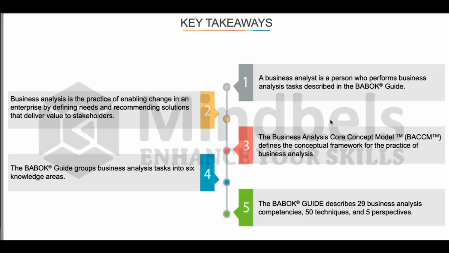The six knowledge areas, a few of which we went through in the previous session, are communication, behavior, analytic skills, interaction skills, and leadership. These are your key areas of knowledge. And what is the BABOK guide talking about? The 50 techniques and 5 perspectives.